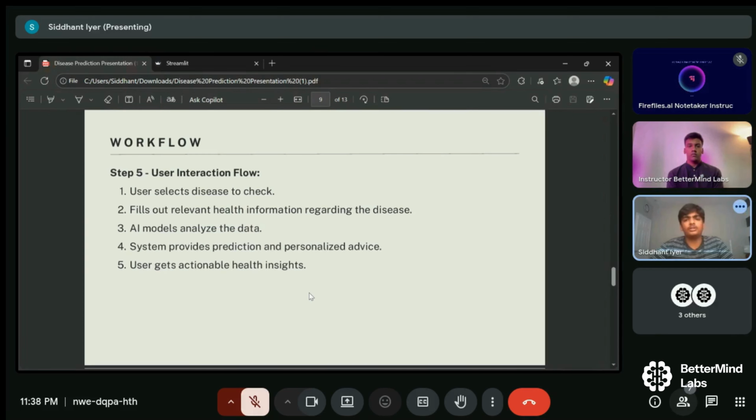After that they fill out their symptoms and their lifestyle, such as their age, their symptoms, how much they work out, etc. The AI model then analyzes the data so that it can determine whether that person has the disease or not. The prediction is given and advice is given, such as the dietary plan. And that's what the interaction flow looks like.